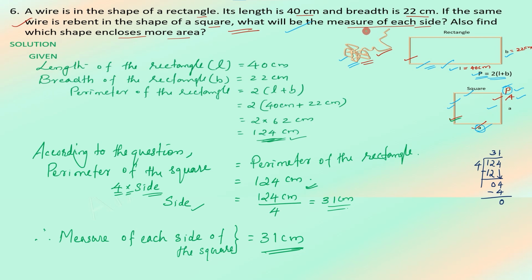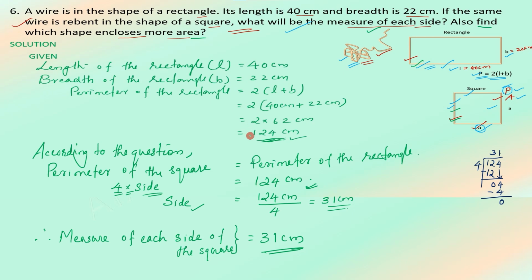Here we got the answer for the first part. Next we have to find which shape encloses more area. For that we have to find the area of the rectangle and area of the square. From that we can get which shape is having more area.